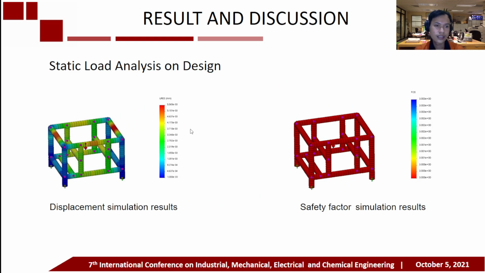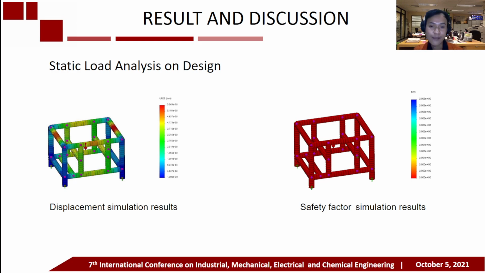The next part is static load analysis on design. Design analysis was carried out on the frame with static simulation using SolidWorks software because the frame is the load supporter of all parts. The frame is given a distributed load of 25 kg.